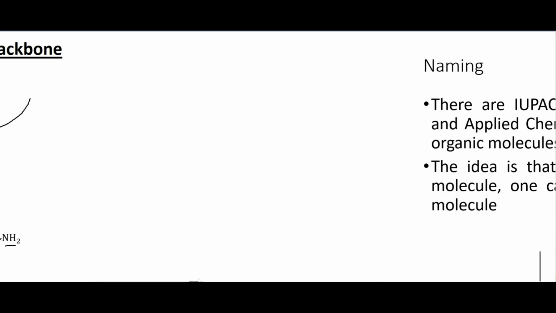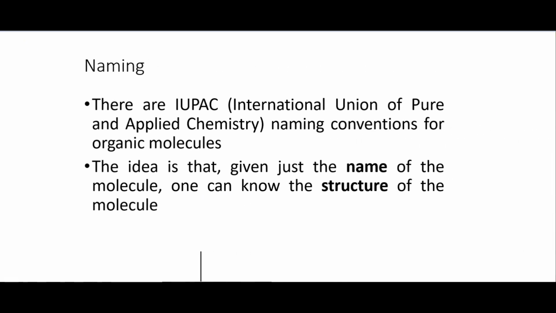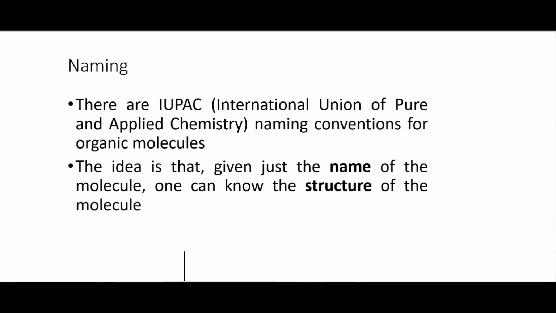We'll go through a little bit more naming for some of these more complex molecules. So, like I said, there are IUPAC naming conventions for organic molecules. The idea behind these naming conventions is that if you were just given the name of the molecule, you would be able to draw the structure of it just from the name.